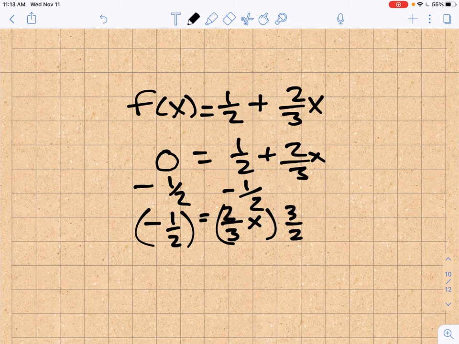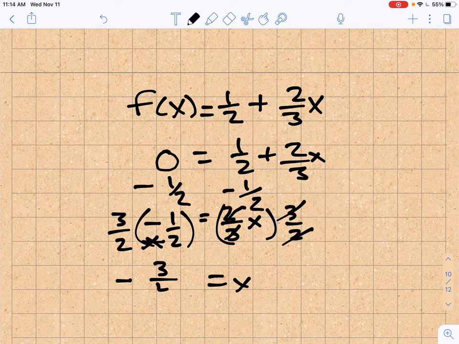The reciprocal of 2/3 is 3/2. So I'm going to multiply both sides by 3/2, and then I will get x, because all this stuff cancels neatly. I'll get x equals negative, 3 times 1 is 3, 2 times 2 is 4. So you get negative 3/4.